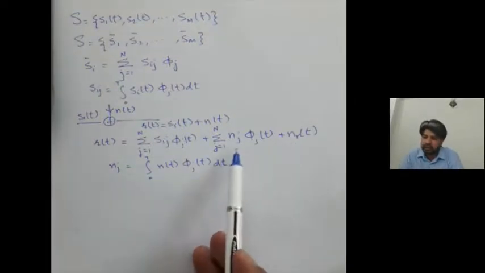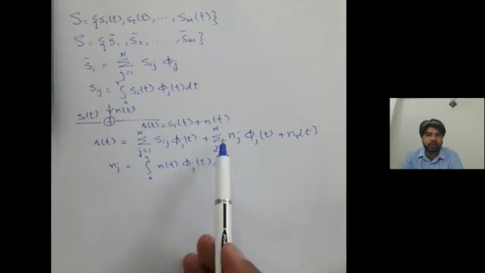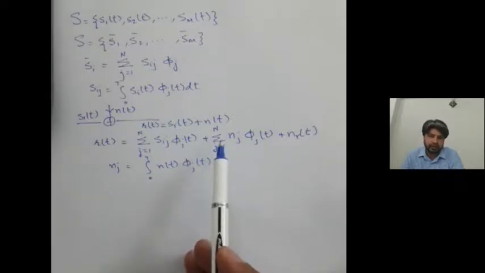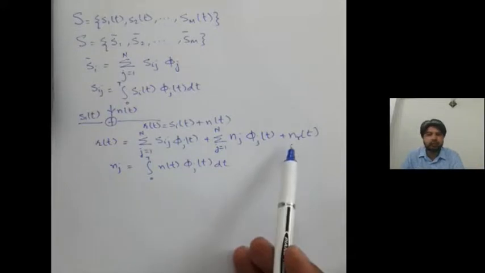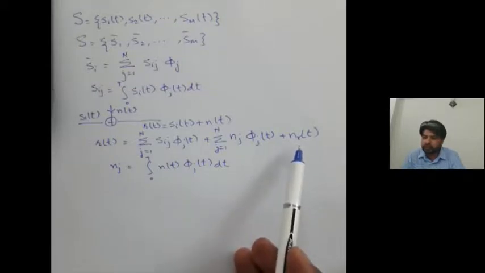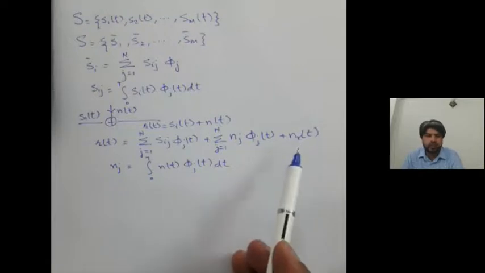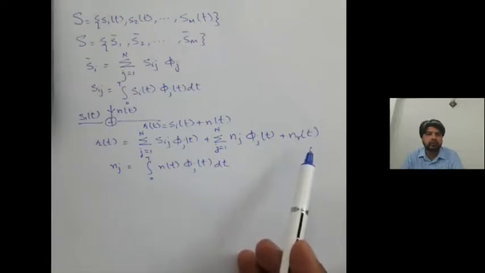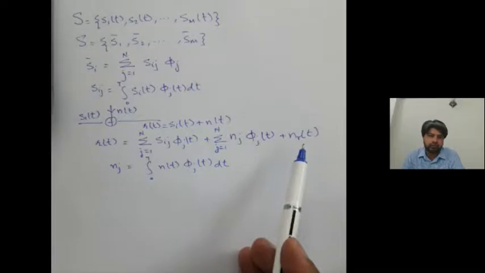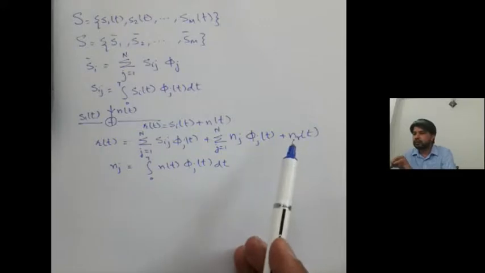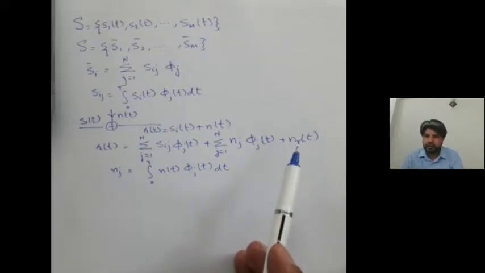So nj times phi j, summation j equals 1 to capital N, would be the contribution of the noise onto the basis functions phi j, plus there would be some noise that would be orthogonal to the signal space. Because of this property, this remainder noise would be orthogonal to this signal space, and it is typically ignored because the projection of this remainder noise onto the basis functions is typically zero. And hence this would be ignored.